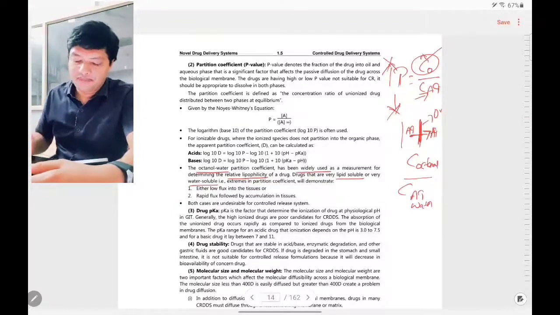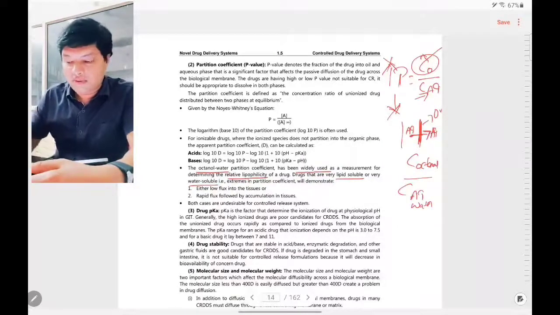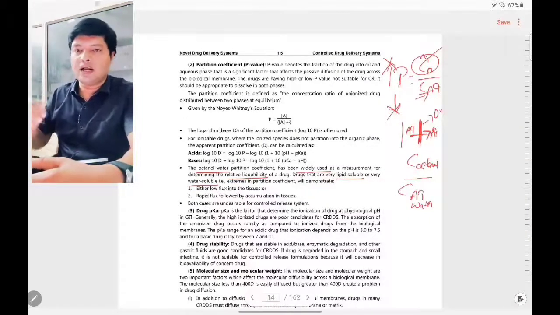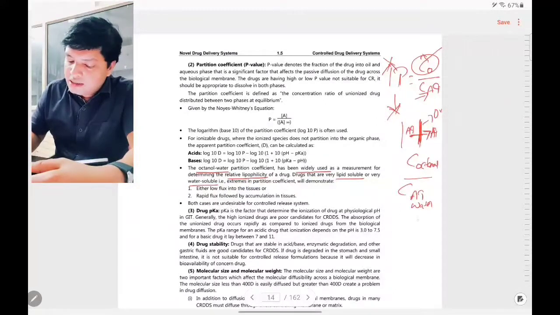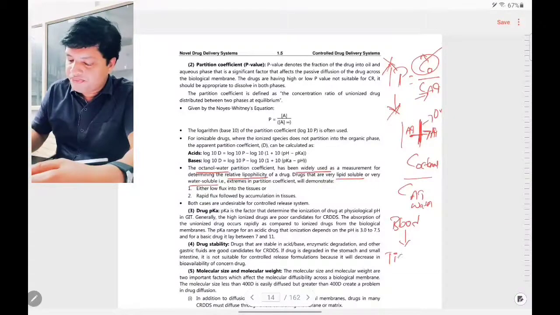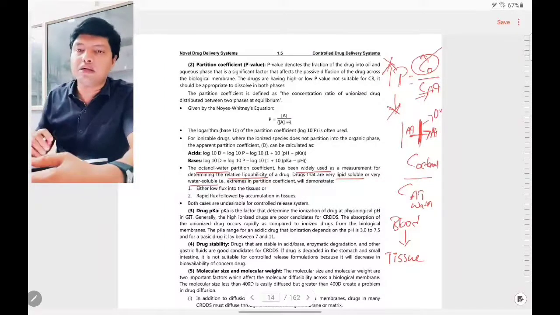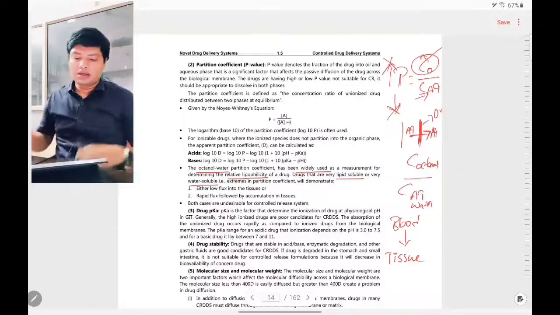We know this because the drug has to pass from the GIT to the tissue to the blood, and once it passes through the blood, again from the blood it has to pass through tissue where it has to show the action. Again, tissue is organic, the blood is aqueous, so it should have a good partition coefficient, neither extreme nor low.